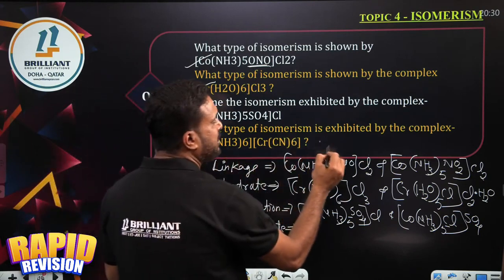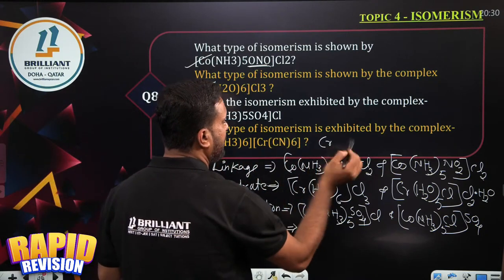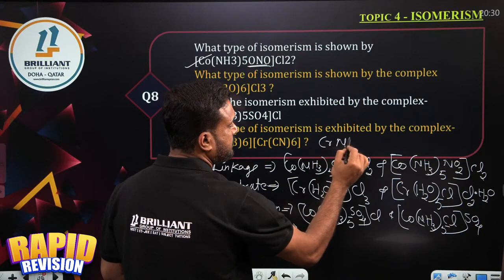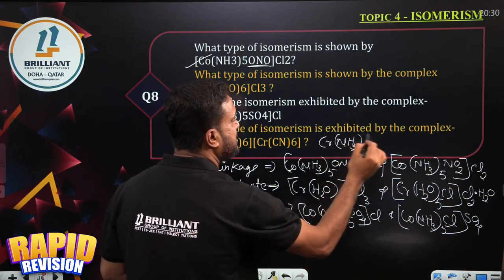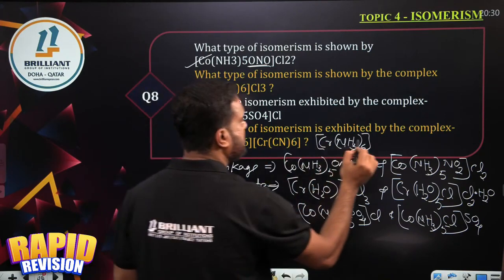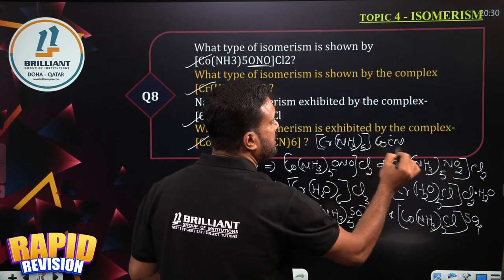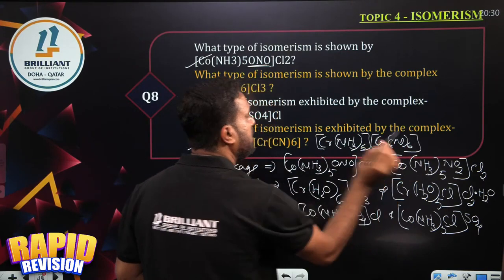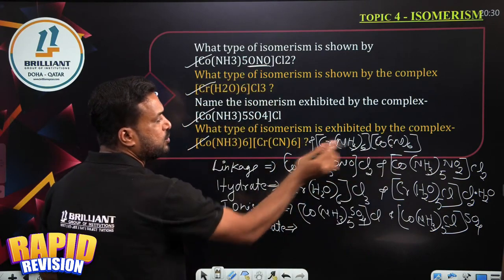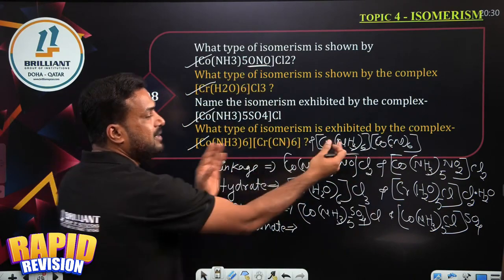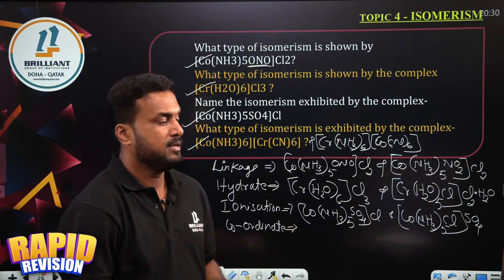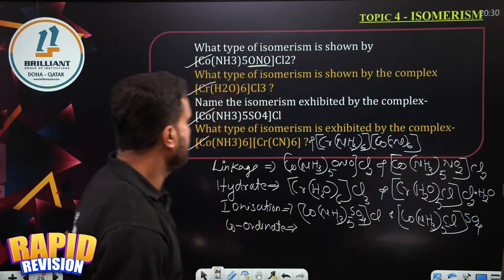The Cr will come over here, so I can write [Cr(NH3)6] complex, and with the Co the CN will come, [Co(CN)6] coordination sphere. These are isomers. The only difference is that the ligands are mutually exchanged. Yes, correct, Faris.